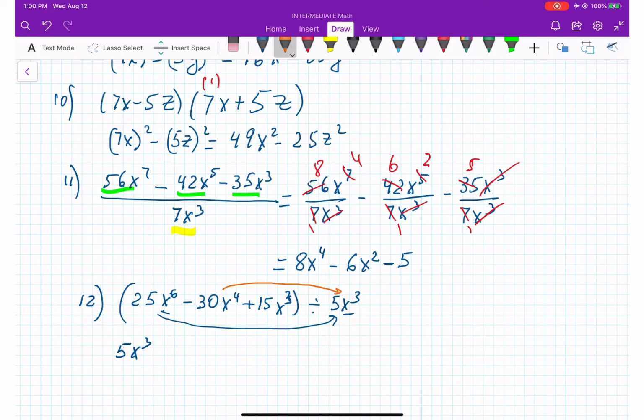Negative 30 divided by 5, we get negative 6. x to 4 divided by x to 3, 4 minus 3, we get x to power 1, or I don't put power 1. All right? Next. 15x cubed divided by 5x cubed. It's going to be 15 divided by 5, it's going to be plus 3. And x cubed divided by x cubed is gone, so this is going to be your answer.